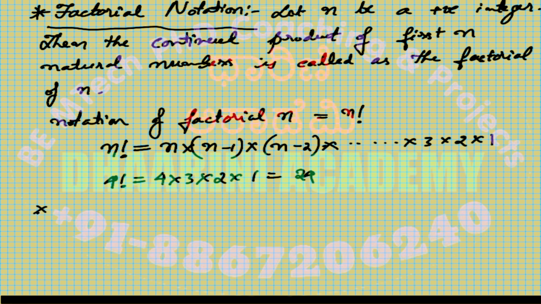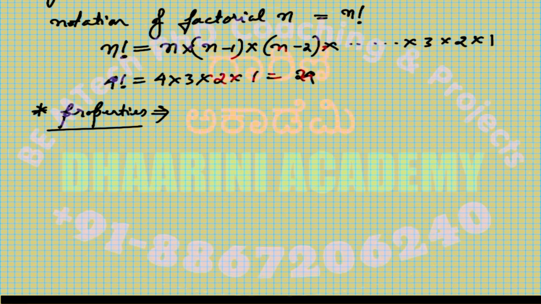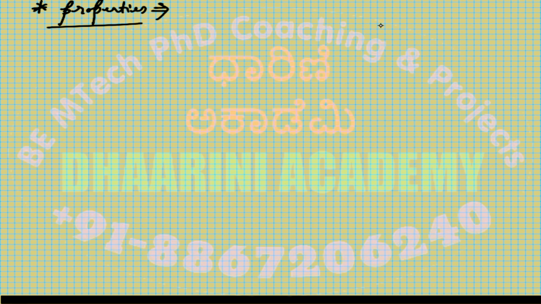We next look at the properties of factorial. The first property is like this. If I have n factorial, I can write it as n into n minus 1 factorial. That is also equal to n into n minus 1 into n minus 2 factorial.